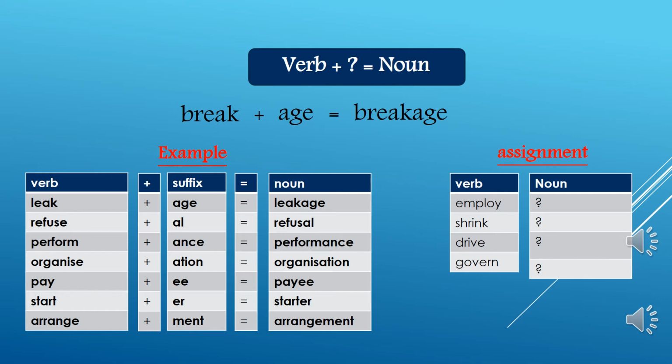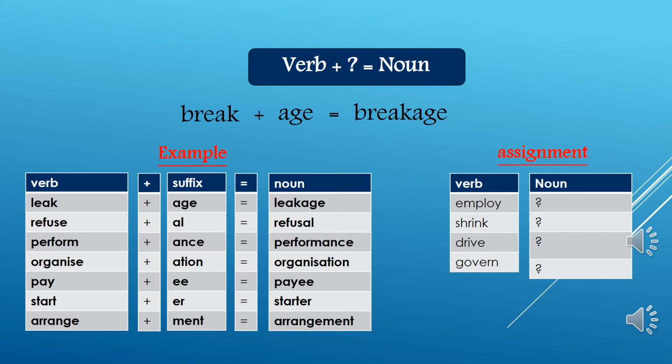Same way, leak plus age, leakage. Refuse plus al, refusal. Look, when we form refusal from refuse, e is omitted. So it is not refuseal. E is omitted, only al is added after the s. So refusal.